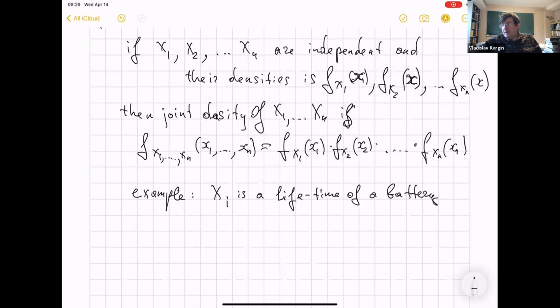Say 5 batteries, so n is equal to 5, a sample of batteries.